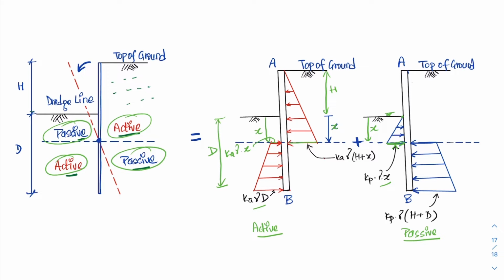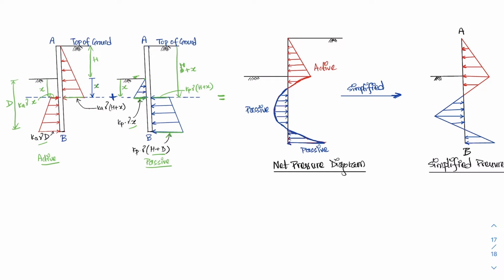And also let's take a look at this corner. As you can see, this is at a certain depth, and this depth is d plus x. This is h plus x. So the intensity here will be Kp gamma (h plus x), and at the bottom this will be Kp gamma (h plus d).